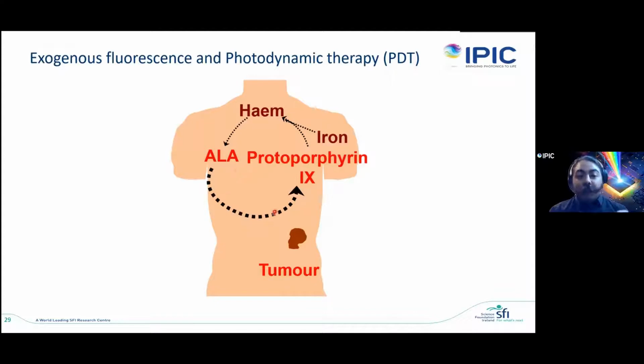It is used to produce protoporphyrin IX, and protoporphyrin IX is actually used to produce the heme group, which is in the hemoglobin of your blood cells to bind oxygen, and then your blood cells will be able to distribute oxygen all over your body, so you can produce energy to survive.